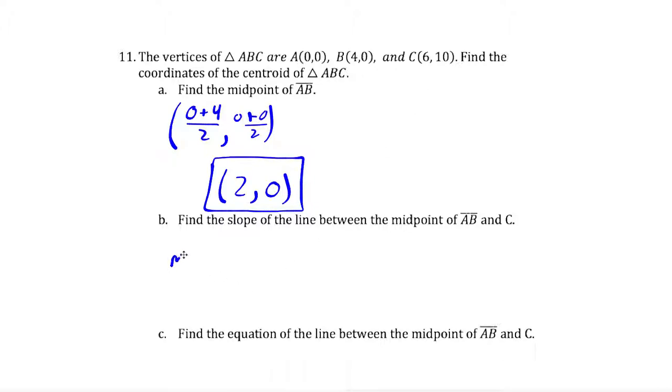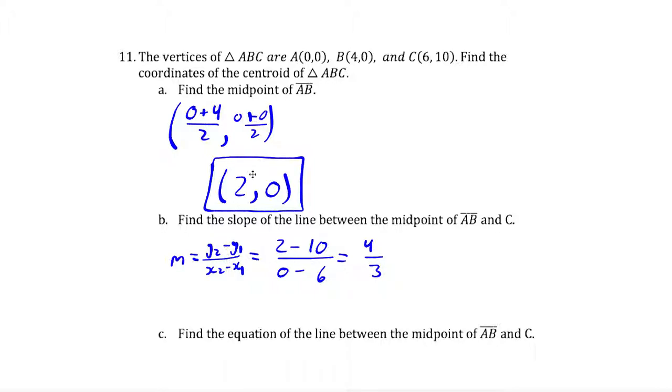So slope is y2 minus y1 over x2 minus x1. So this is 2 and 0, that's the midpoint, and then C would be 10 and 6. So this would be negative 8 over negative 6, so that would be 4/3.